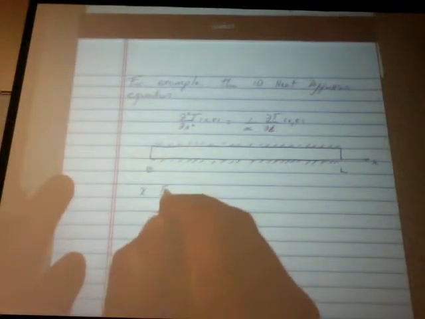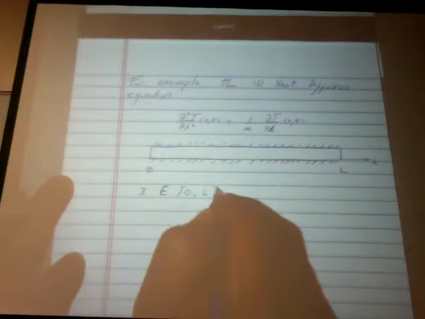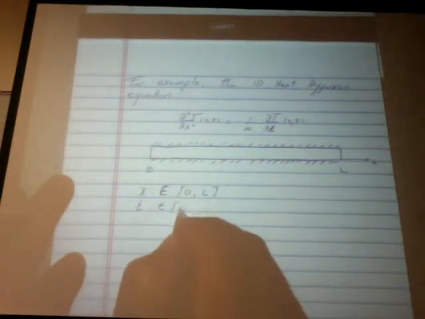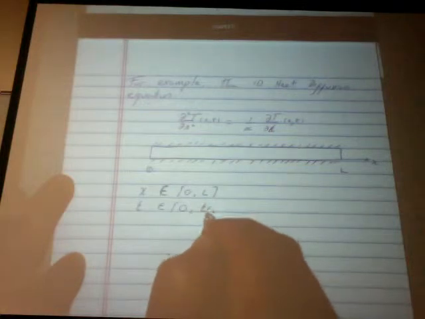Remember, our space is going to belong to the interval between 0 and L, while our time is going to belong to an interval between 0 and TF. Okay, well, that's not true for time. Time doesn't have an upper bound, but that's the region of interest for us.